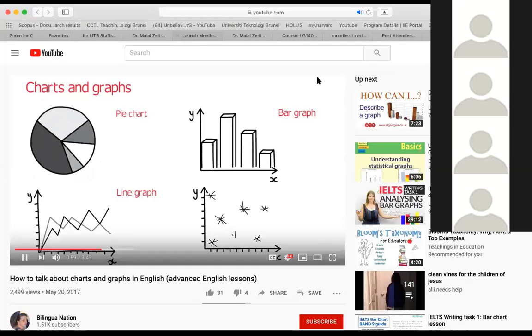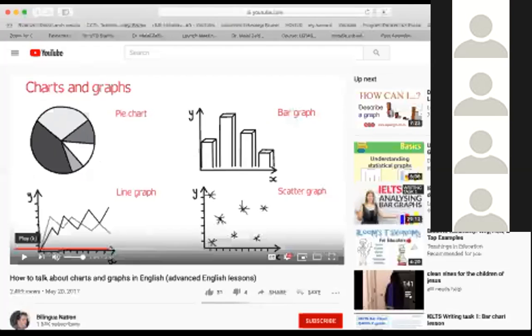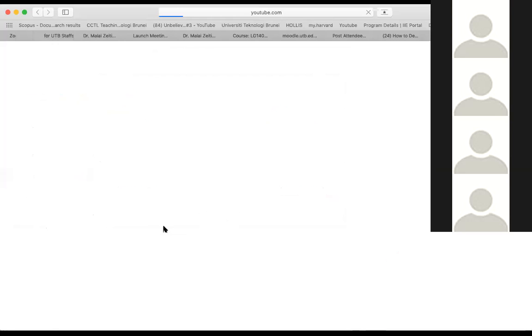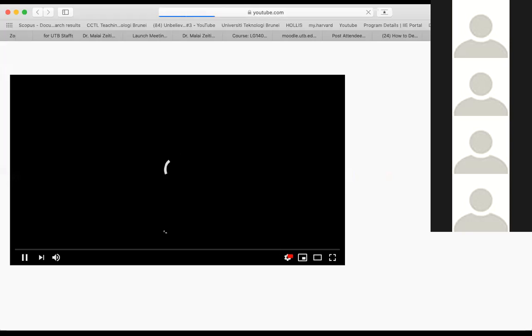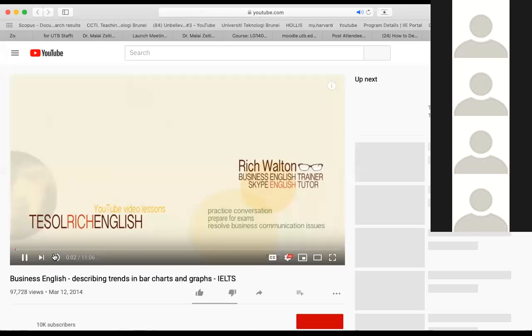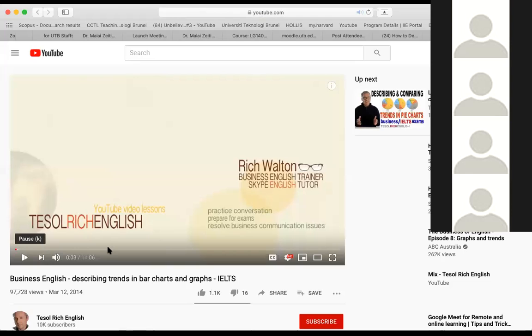Note that with the last three diagrams, we use the word graph and not chart. Not that one. Maybe this one, this is the very detailed one. Not this one, because the one I saw was long.